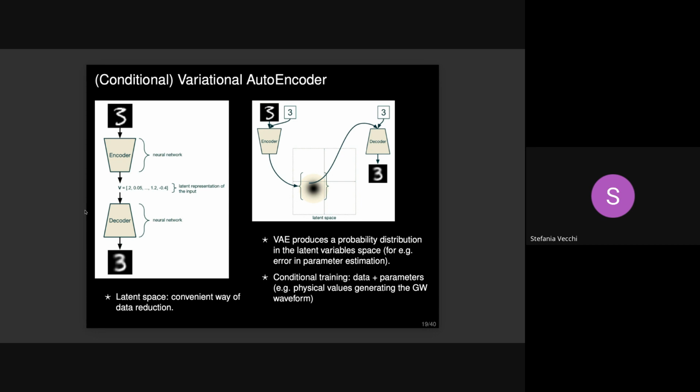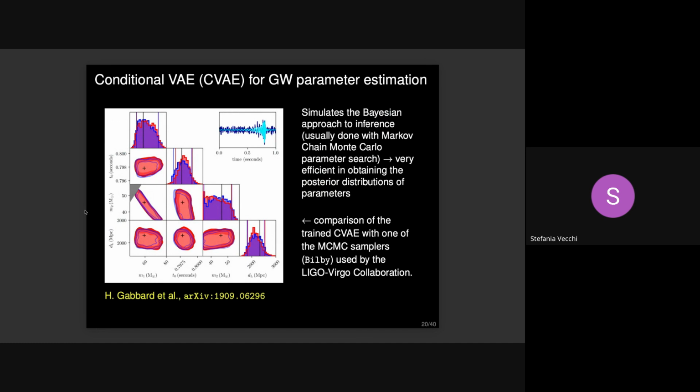We can think about confidence intervals and credible intervals and so on. So this makes things very similar to Bayesian inference. Of course, there are subtleties about it, but on first glance it is very much like Bayesian inference. And so this was also tried with the gravitational wave signal.